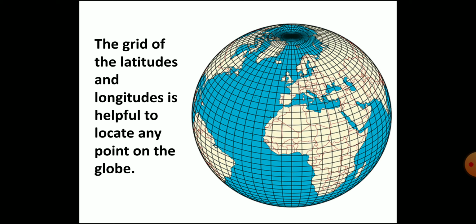Now look at the image in front of you. It is a grid formed by the crisscrossing lines of latitude and longitude. This grid is called the geographic grid or the earth grid. If we know the latitude and the longitude of a place, it can be easily located on the globe.